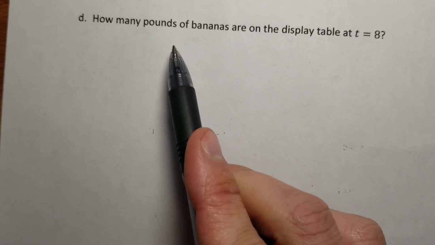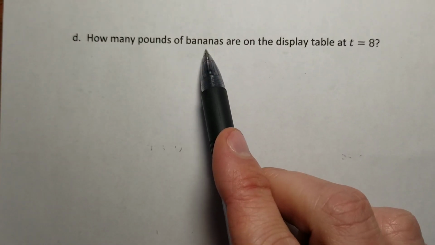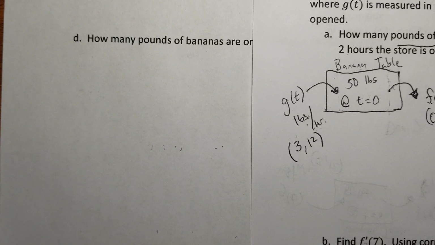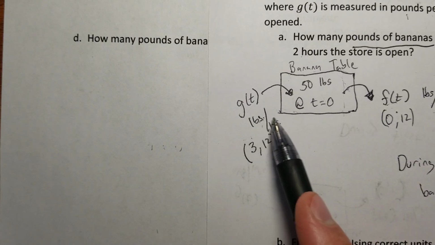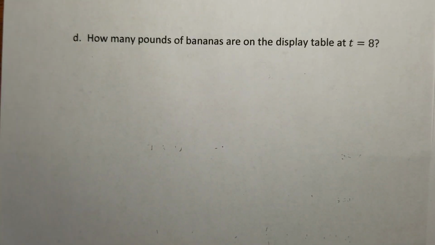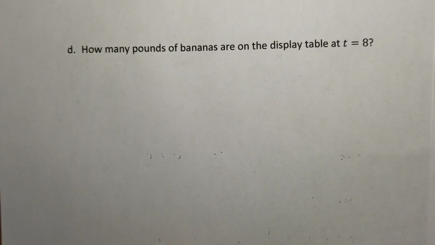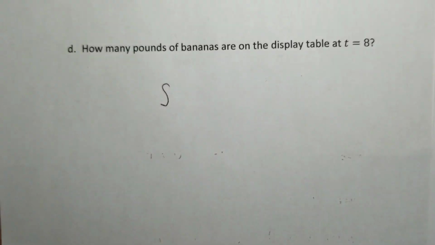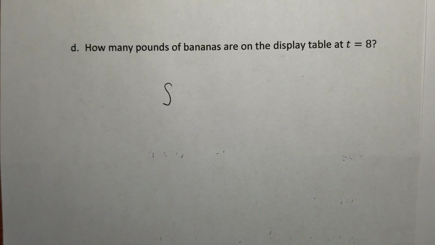For letter D, I want to know about pounds of bananas. So I want to go from rates in f and G back to pounds. Those sound like integrals. So I'm going to integrate these functions.